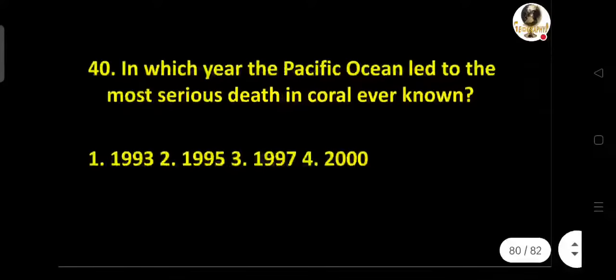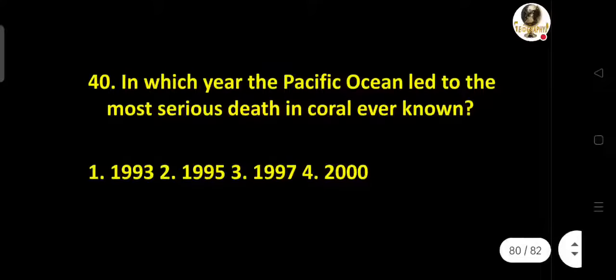Next another question, number 40, and today's last question. In which year did the Pacific Ocean warming lead to the most serious death of coral ever known: 1993, 1995, 1997, or 2000? It is a very interesting question.